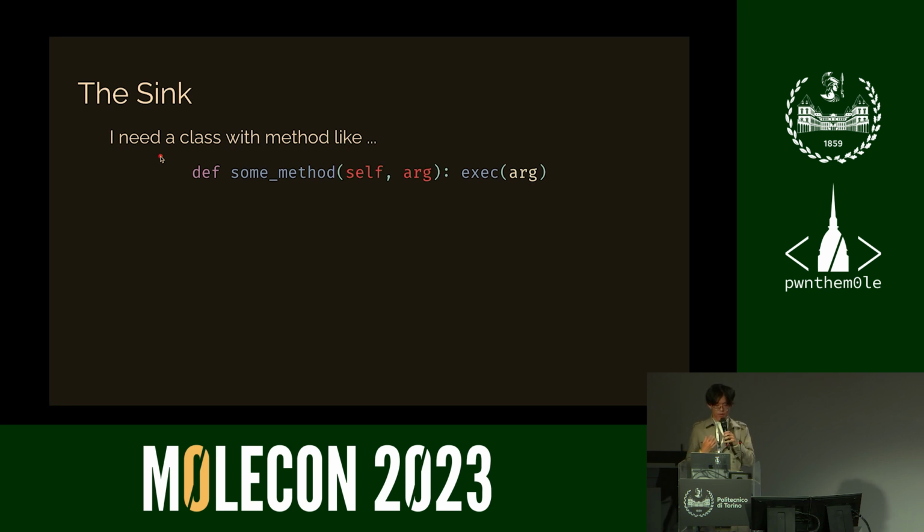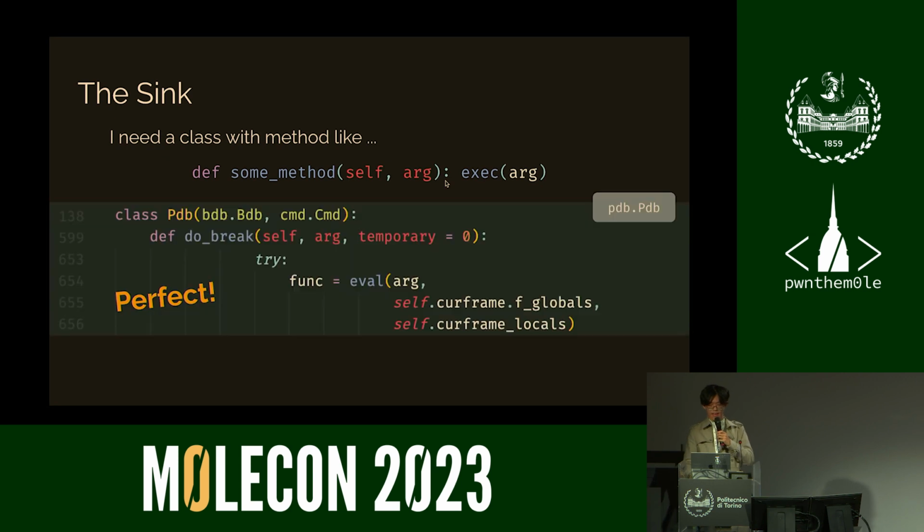Actually, I just need a case with this beautiful method. If we can pass an argument into there and a method will execute our argument, that would be pretty good. Maybe just execute it as code or as a shell command. Okay, actually there it is.